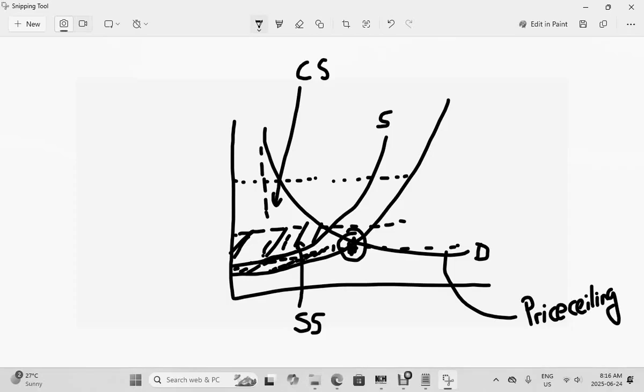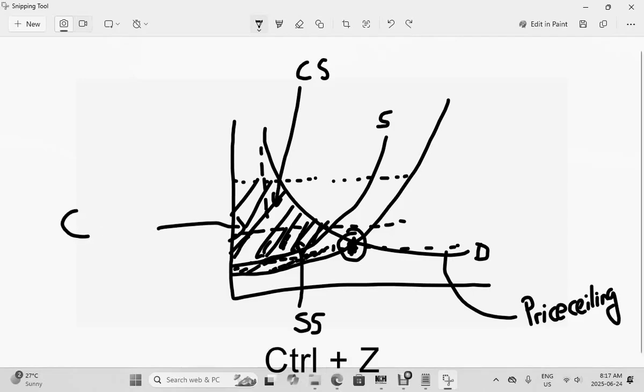And because of that, the consumer surplus will climb up. So the consumer surplus would be this area over here. This will be a new consumer surplus, CS.